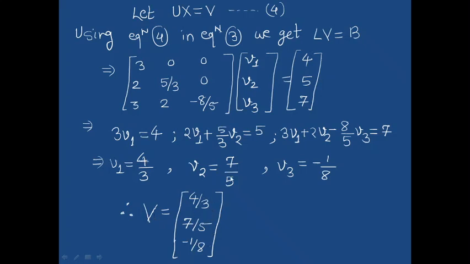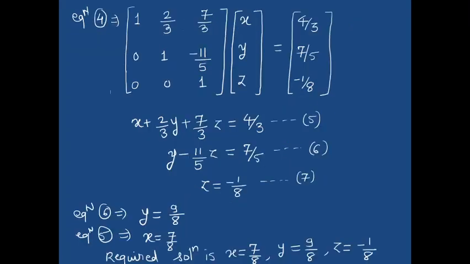Once we get V, we will put this back in equation number 4. That will give us the unknown, which is the required solution of the given system of equations. So let's put this in equation number 4. We have Ux equal to V, where X is x, y, z. Again simplify. Here you will find that you will get the solution from the last equation.